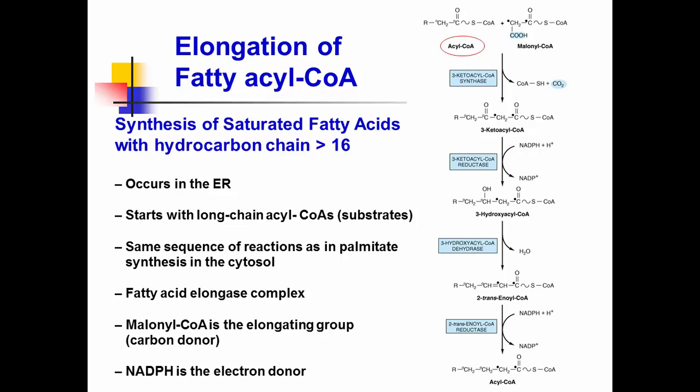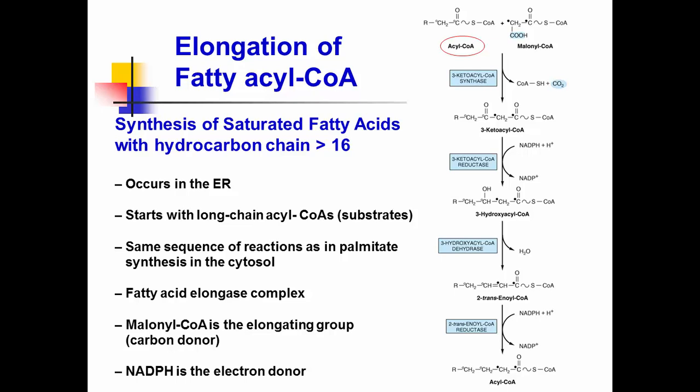And usually, for example, the 18 carbon or 20 carbon fatty acids are usually unsaturated fatty acids, either monounsaturated or polyunsaturated. So you can't simply add carbons to the existing molecule because you have a double bond there.